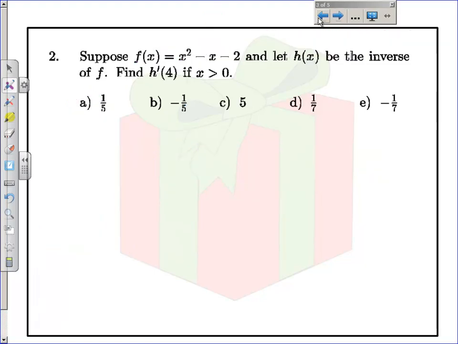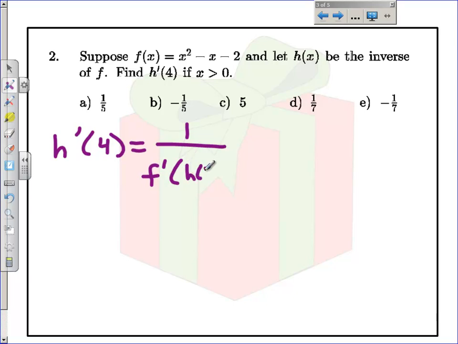Let's do another example where I think it would be hard for you to find the inverse function by hand, and so you're almost forced to do this. We want to find h prime at 4 if x is greater than or equal to 0. So h prime at 4 is going to equal 1 over f prime at h of 4.